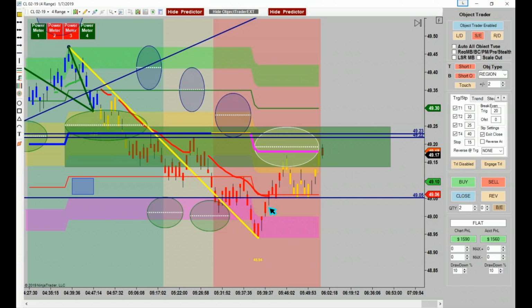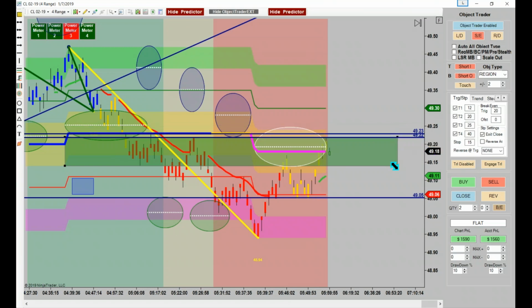See how your A, your B took out the swing just by a little bit. Hadn't closed above it yet. To me, that's not too much of an ABC. There it is now for sure. And I would probably put this more than likely right here and right there for a rollover. Let's see if we get something.